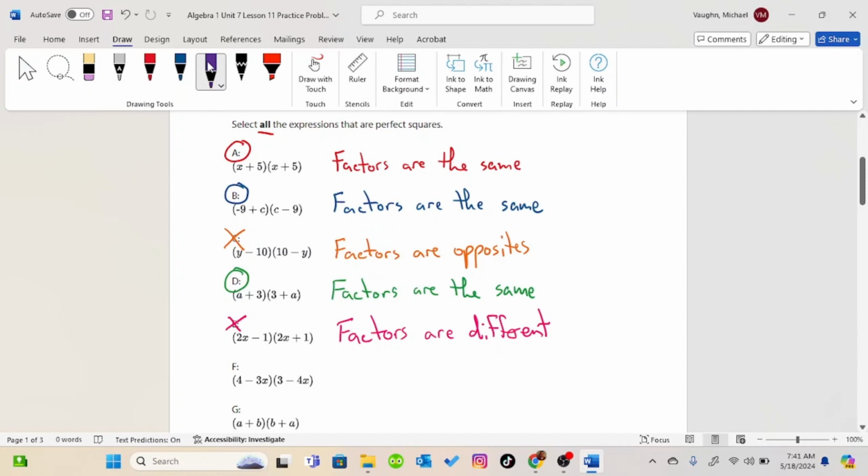Choice F. We have 4 minus 3x times 3 minus 4x. These factors are completely different. We have 4 in the first factor and 3 in the second factor. We have negative 3x in the first factor and negative 4x in the second factor. So again, the factors are different. So F is not a perfect square.